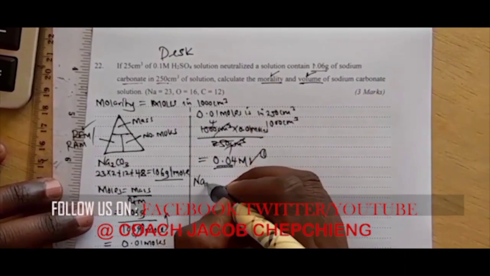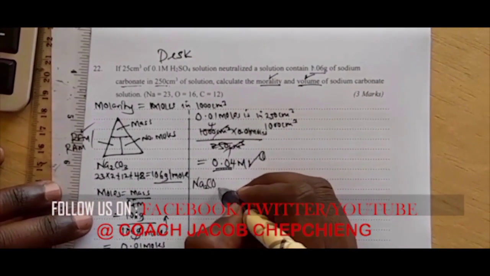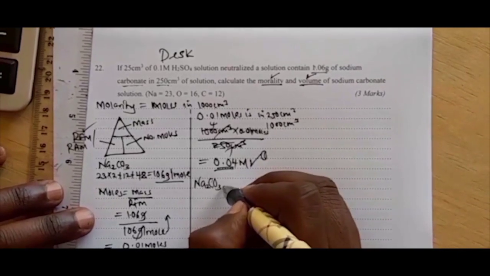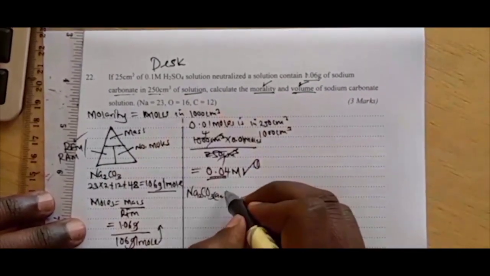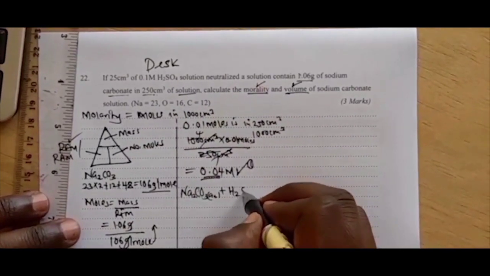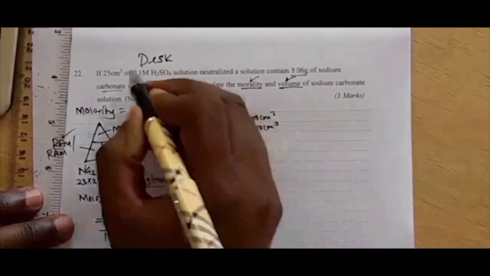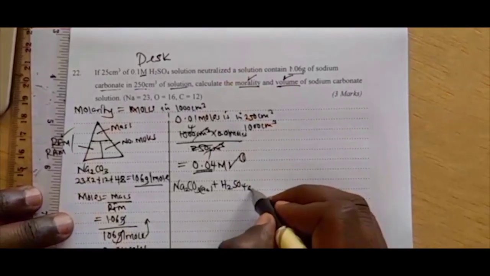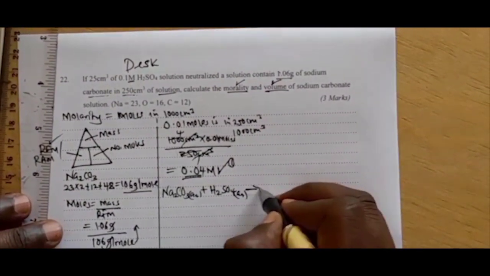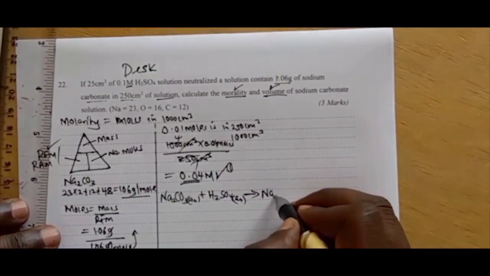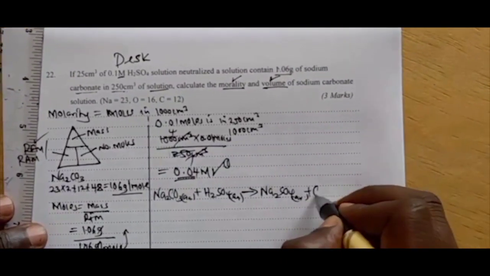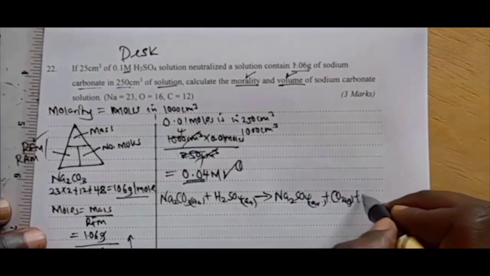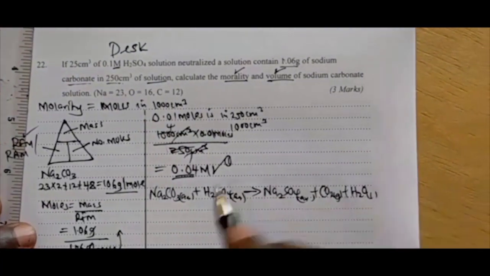So it is sodium carbonate, which is aqueous because we are told solution, reacts with H2SO4, sulfuric acid, aqueous to give us sodium sulfate aqueous plus carbon dioxide gas plus water, which is usually a liquid.